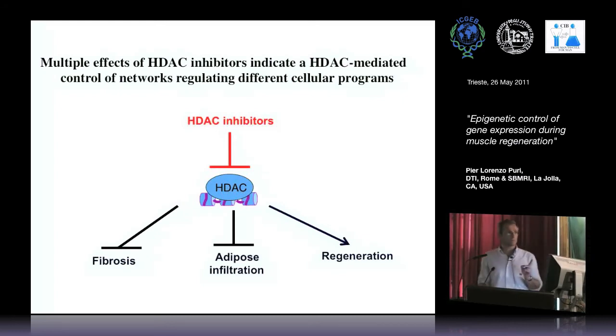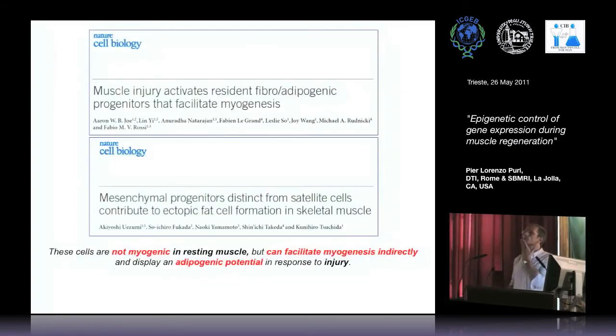However, if you remember, BAF60A and BAF60B are important components of the transcriptional machinery that promotes the expression of fibrogenic and adipogenic genes. What are the fibrogenic and adipogenic cells in the context of skeletal muscles? These cells were described a few years ago by two different groups, and they were called FAPs, fibroadipogenic progenitors, by the group of Fabio Rossi.